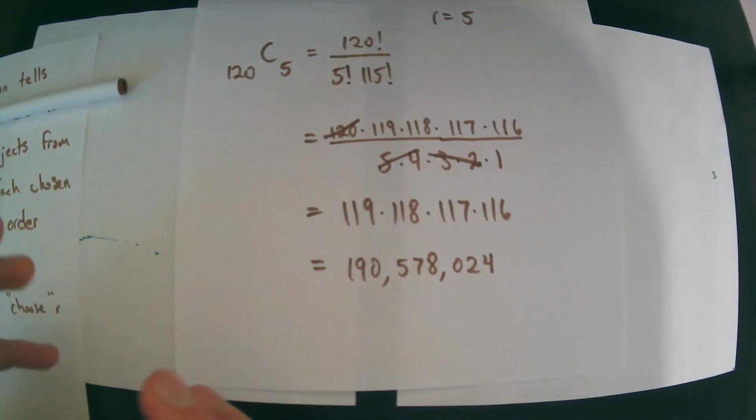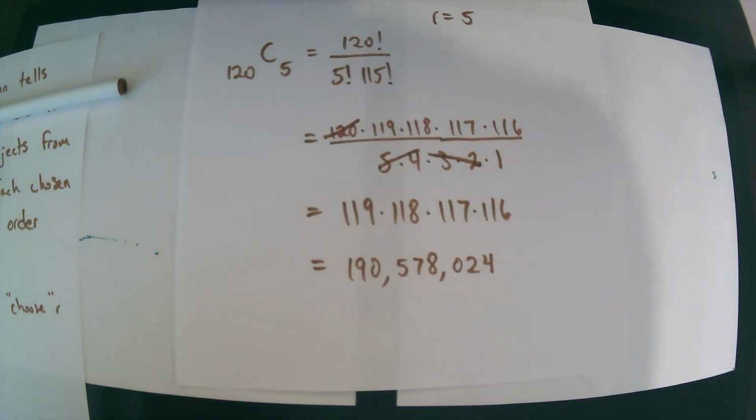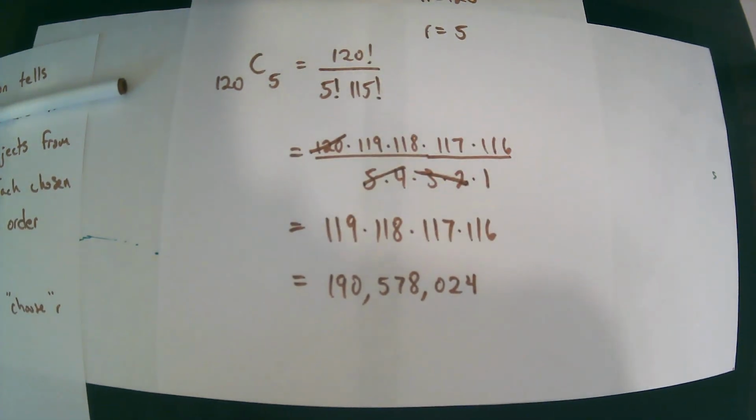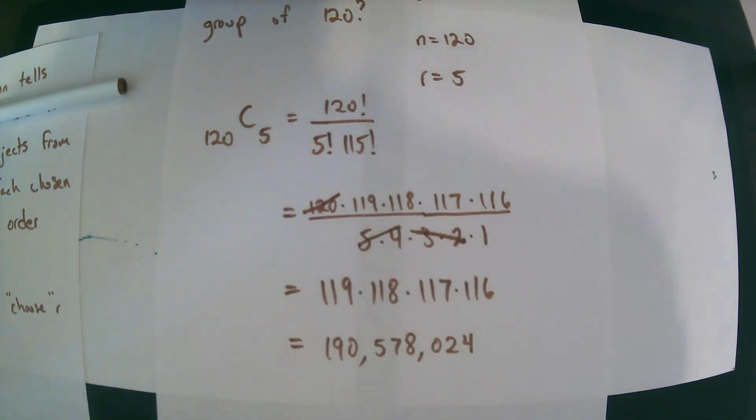So we still haven't started talking about probabilities again, but that's okay because this section is mainly just about counting things. One example, though, of how this could be useful in the real world is, say you work for some company that has 120 members and they want to pull 5 people to represent this company.